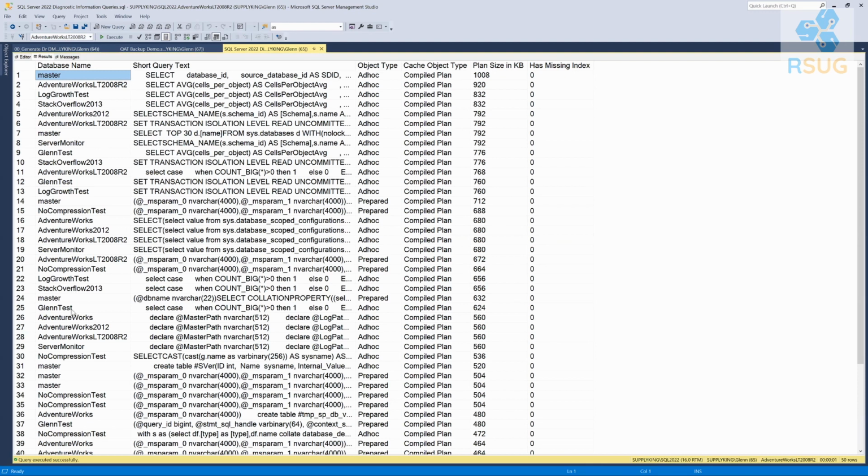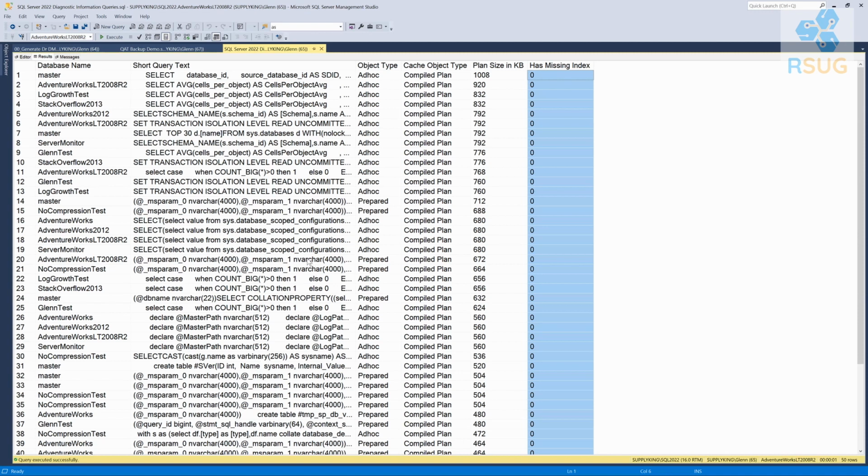And you can see what database they are and what the query actually is and whether it's ad hoc or prepared and how big it is, and whether it has a missing index warning. So if you saw something from one of your main databases with a big, huge plan and lots of things here, you would go talk to the developers and say, hey, what are you doing here?